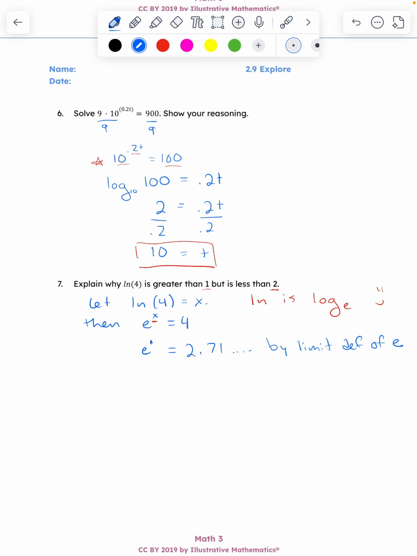Then we also know that e squared is going to be 2.71, etc. squared. That's the same as 2.71, etc. times 2.71, etc. And so how do I know that that's greater than 4?